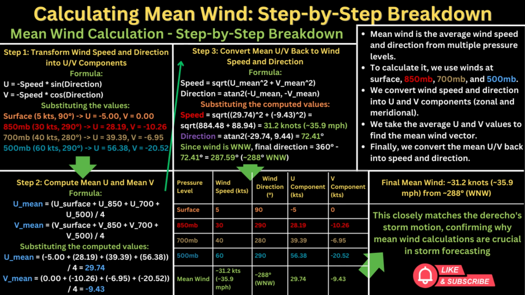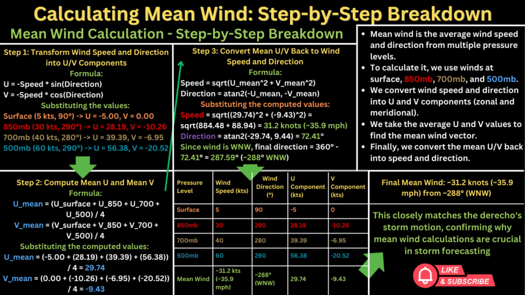Next, we calculate the average U and V components by adding them together and dividing by the number of levels. This gives us the overall mean wind components that represent the collective influence of winds across the different layers. For this case, our final values are 29.74 knots for the U component and negative 9.43 knots for the V component.